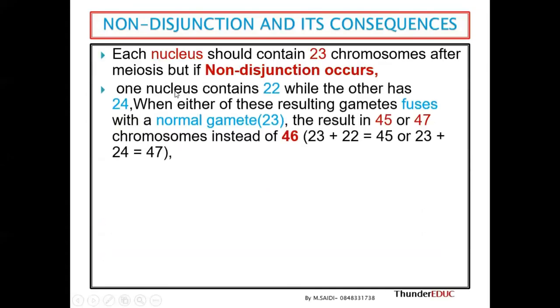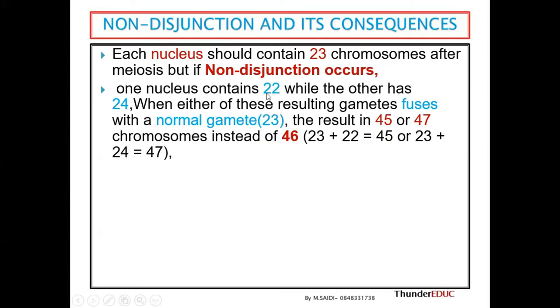So now, when non-disjunction occurs, we say that one nucleus will contain 22 chromosomes. We have seen where we get the 22 chromosomes. It fails to separate, and then one nucleus is going to have 22 chromosomes instead of 23, while the other one will have 24 instead of 23.